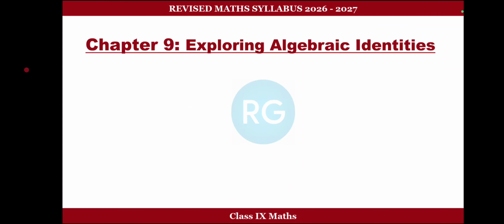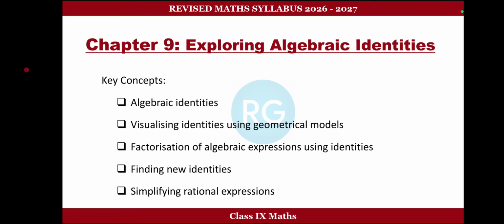Moving on to chapter 9, exploring algebraic identities. There was no chapter named this, but you have seen I have not marked it new here. Why so? Because this topic used to be a part of polynomials. Polynomials is gone, and in its place the algebraic identities that were in polynomials are now a part of this, a more apt heading.